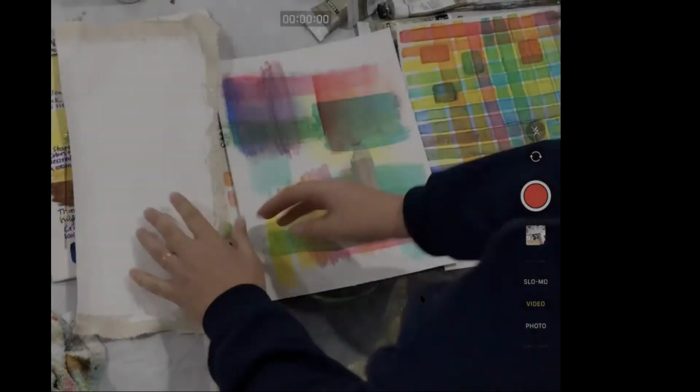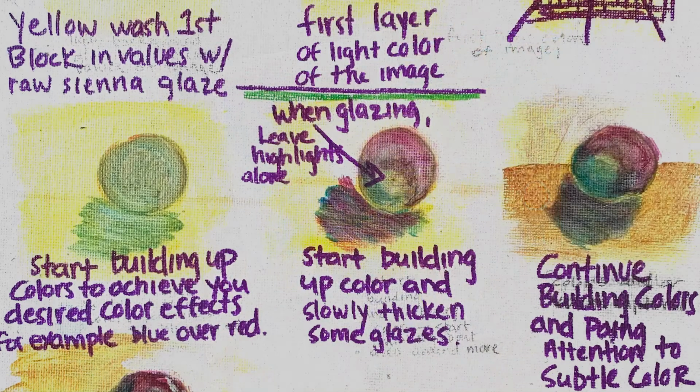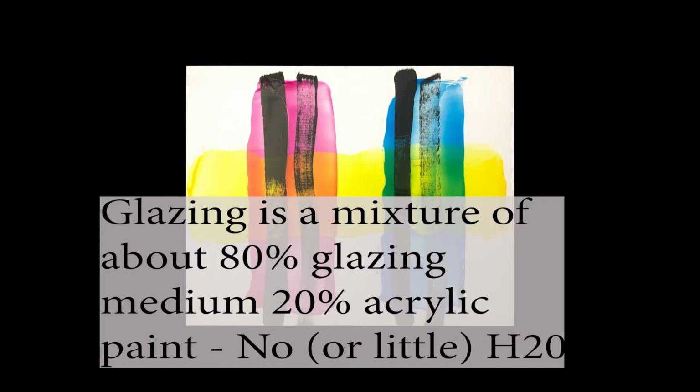A glaze is a way in which you thin down paint using medium, and then you layer it up to create the colors that you want.